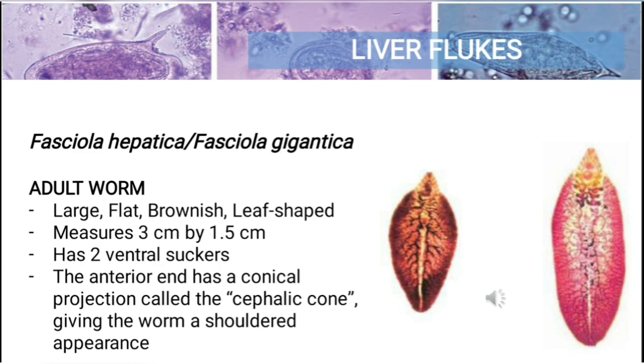It has 2 suckers, in which the ventral sucker of Fasciola gigantica is larger than that of Fasciola hepatica, and the anterior end has a conical projection called the cephalic cone, giving the worm a shouldered appearance, in which Fasciola gigantica has a shorter cephalic cone than Fasciola hepatica.